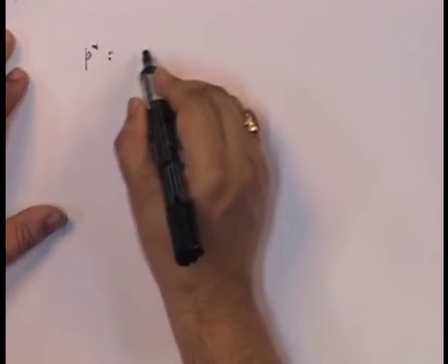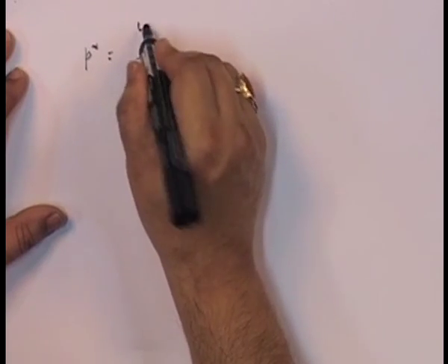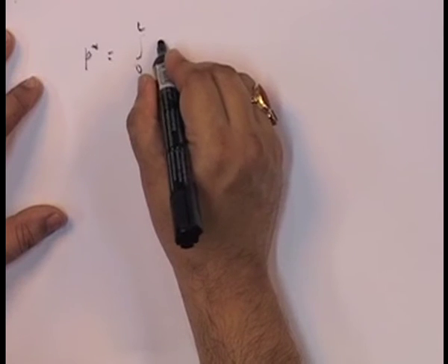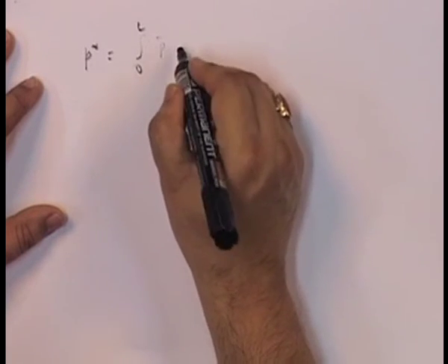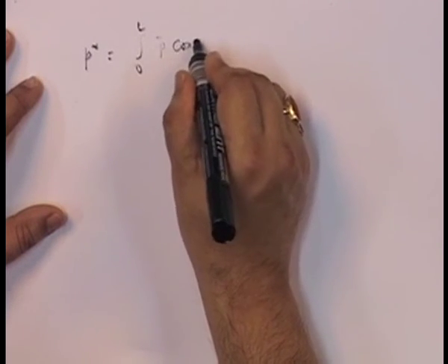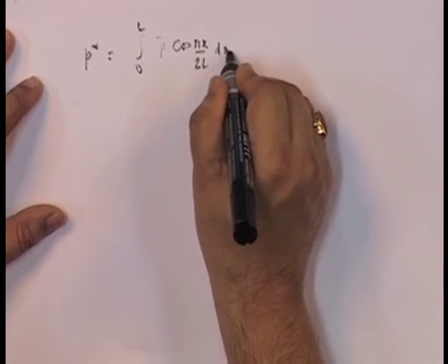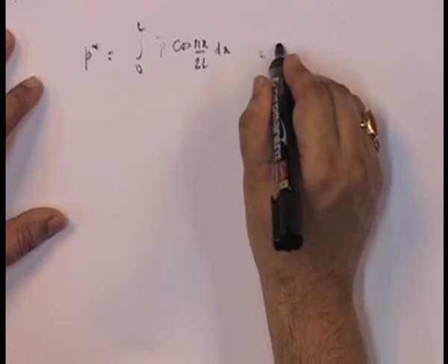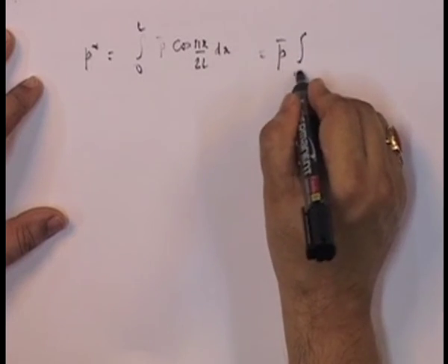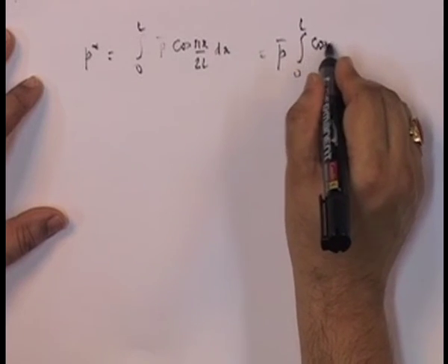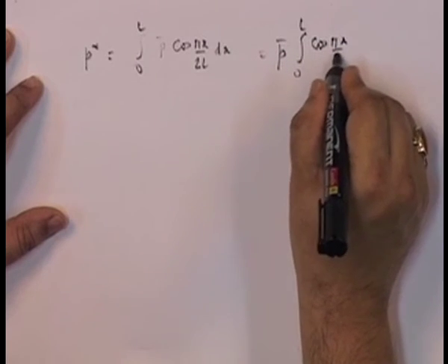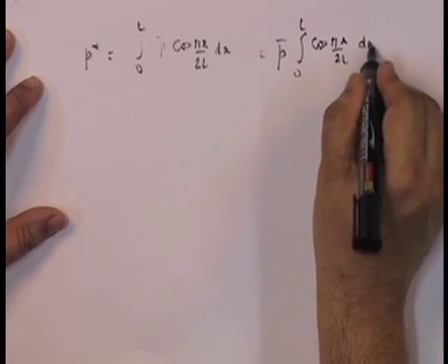Let me finally get the p star. Since we are being complete, let us also do the p star. P star is the integral 0 to L of p bar into cosine pi x upon 2L dx. So, this becomes p bar times the integral 0 to L cosine pi x upon 2L dx.